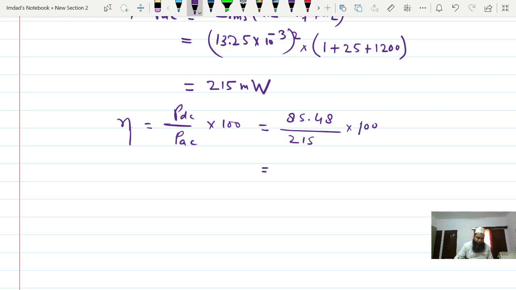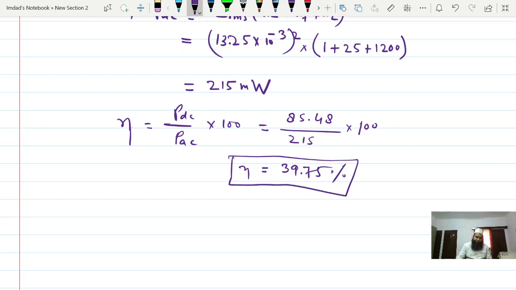It comes out to be 39.75%. This is the efficiency.